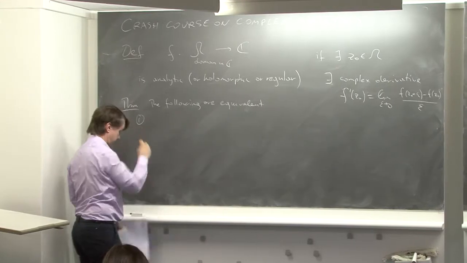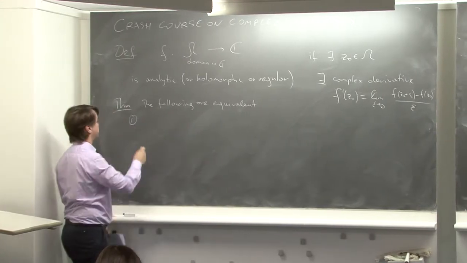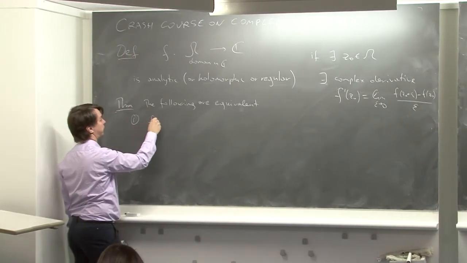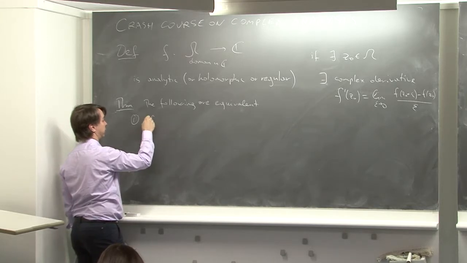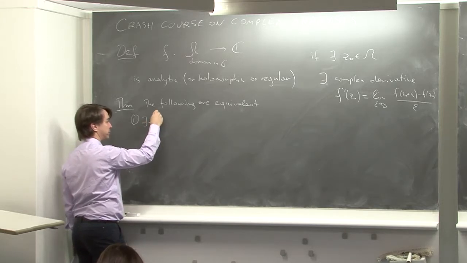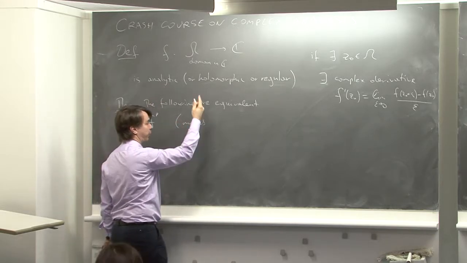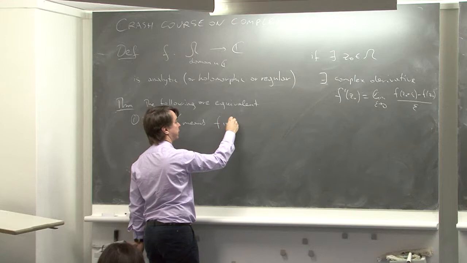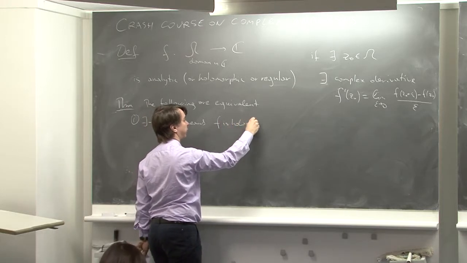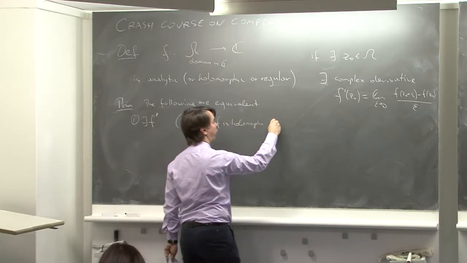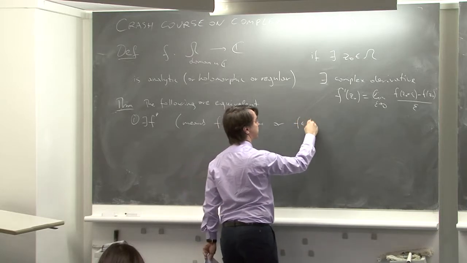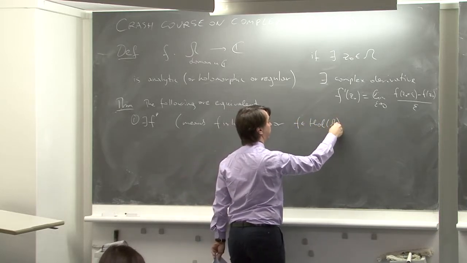And the properties are so that there exists a complex derivative f prime. So this means, with the following definition, that f is holomorphic, or equivalently f is holomorphic on omega.